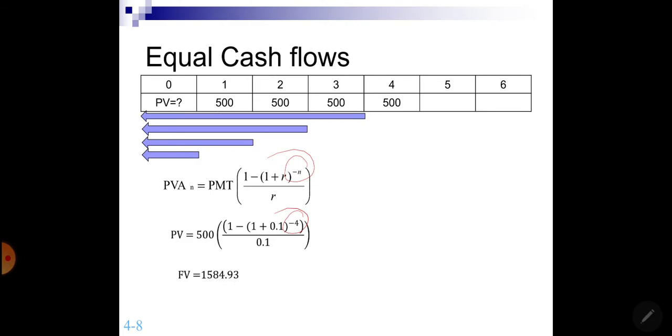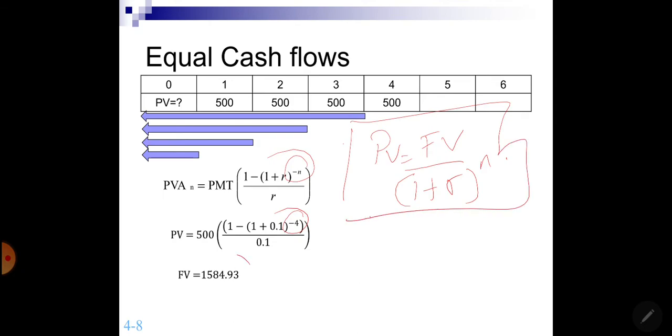Note over here that you can actually solve this using the basic formula as well. It is possible to solve it using this formula and your answer should come the same. Annuity is just a specific formula that can be used only if you identify the cash flow to have these 3 particular features that we discussed in the beginning.